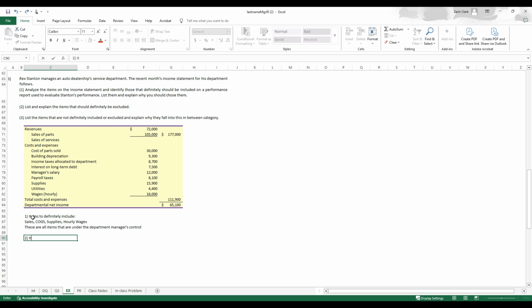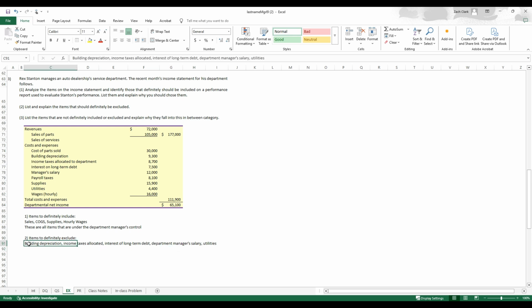And let's say items to definitely exclude would be things like building depreciation, income taxes allocated. Let's see what else. Interest on long-term debt, department manager's salary. Again, salaries would be under the control of the manager generally, but not his or her own. The manager's salary specifically wouldn't be, because that would be determined by their supervisor. The employees' may be under their control, maybe not, but maybe.